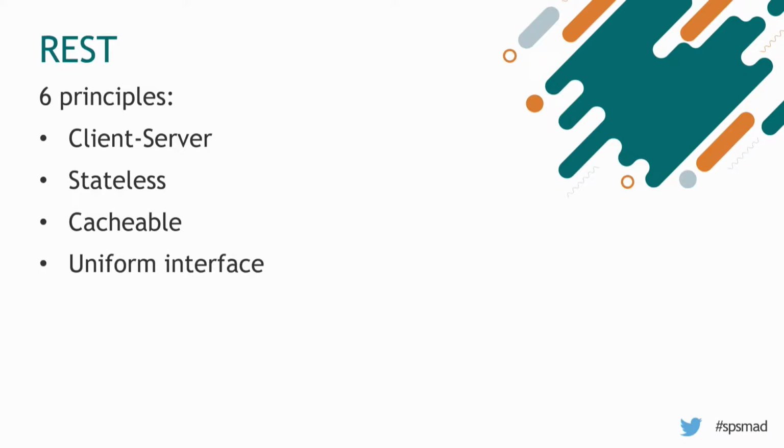Uniform interface. So it's about the resource, right? It means that every single resource should have a unique identifier. So when we are executing a query or just a request, we are referring to a unique identifier of the resource. And the resource can be everything. It can be list item, it can be document, it can be collection, it can be web service, it can be everything.